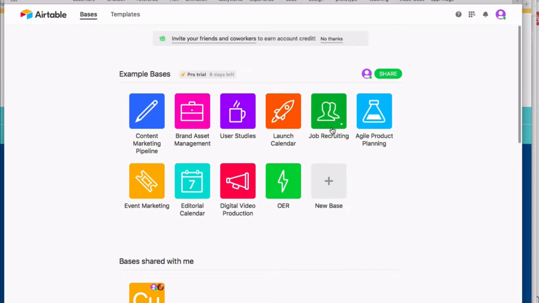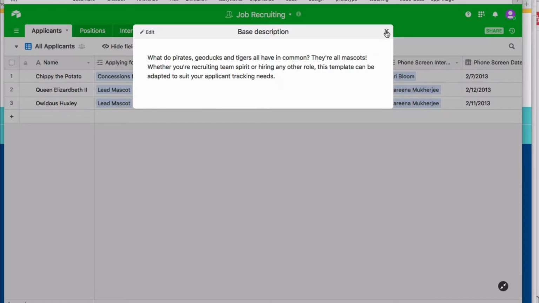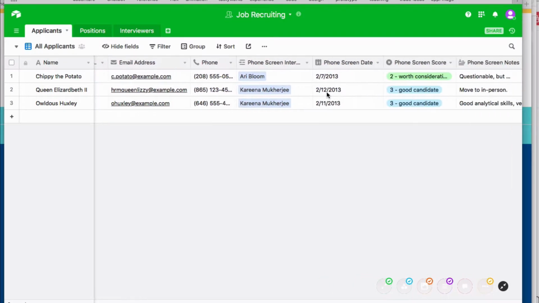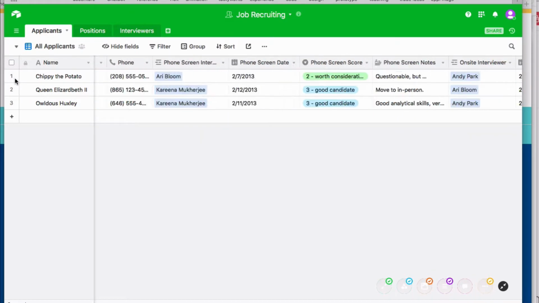The goal this week is to pick out and understand the content pieces that go into one of these. For example, if you are looking at an applicant for a job, they might have a name, they might be applying for something, and there might be metadata about what decisions are needed, etc. The idea is to go through some of these and find a data set, and this is one record in this data set, that you think is interesting.